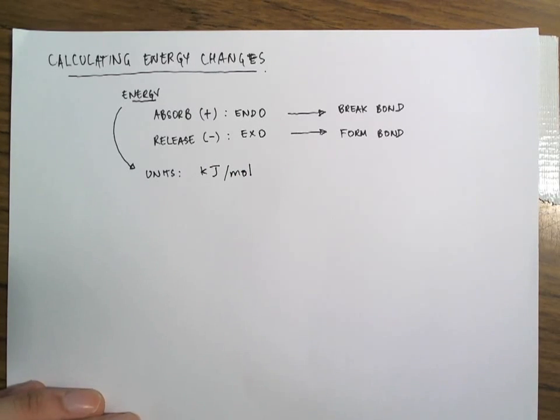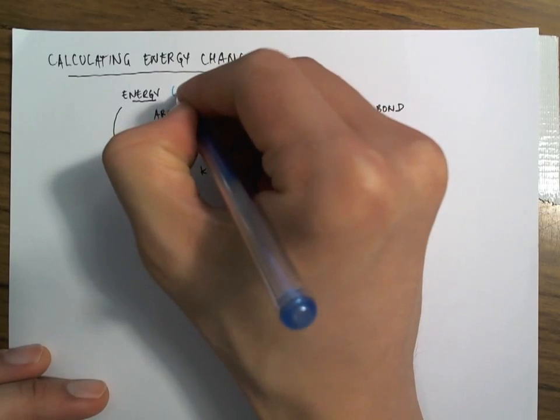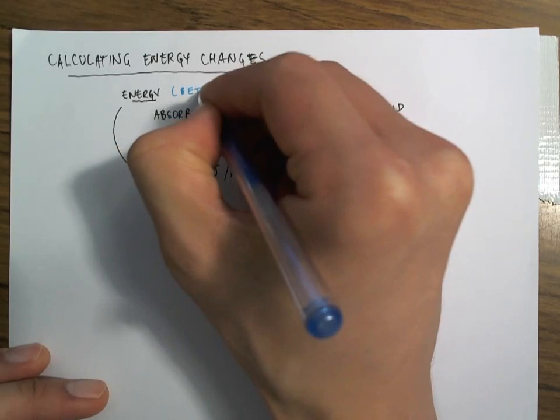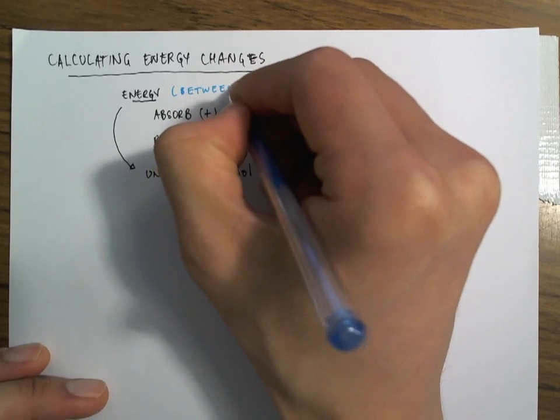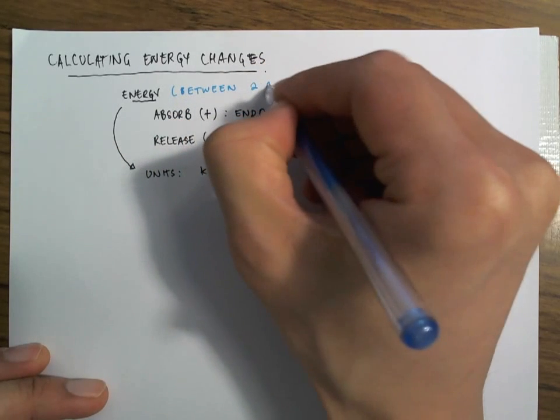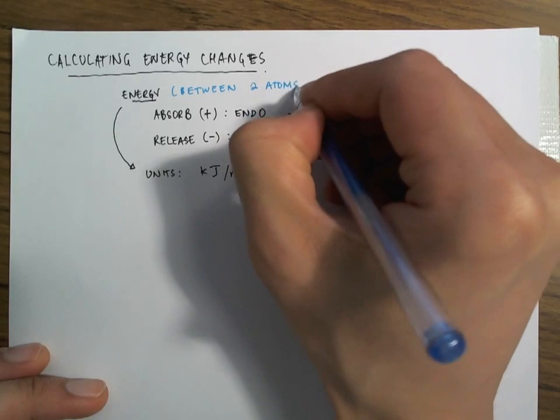So it's typical to say, if I'm forming a molar bond between two atoms, how much energy is absorbed or released. So in calculations it's important to understand that this energy is really the energy between two atoms, right?